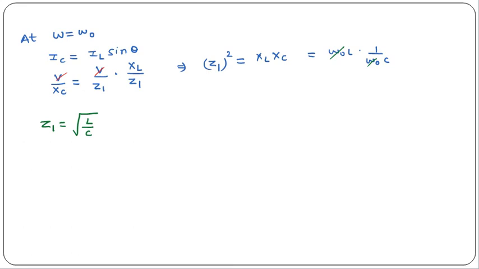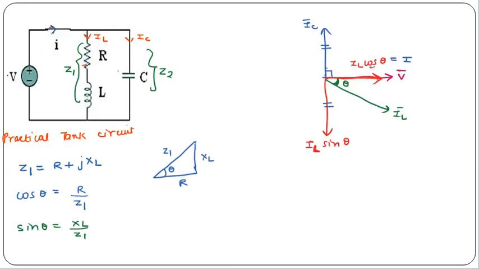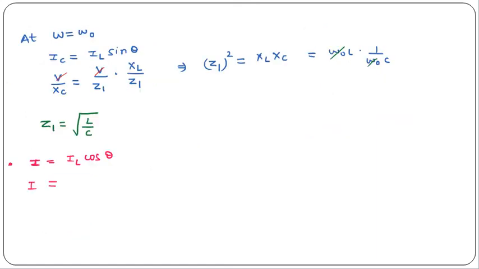So this I current is equal to I_L cos theta. I_L is the current flowing through the first branch, given by V by Z1, and cos theta we have obtained as R by Z1.